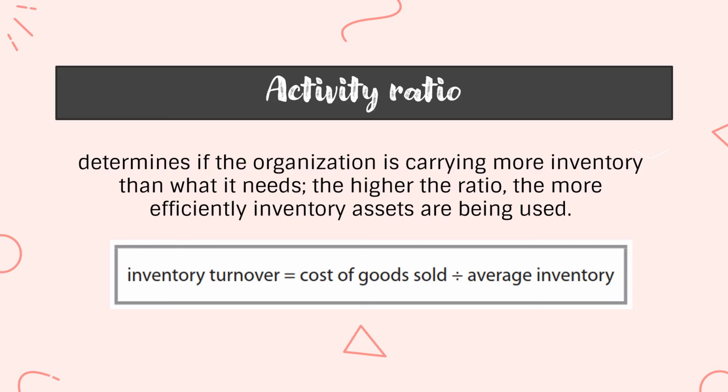So, yung inventory, again, is the number of the goods. Kaya natin sinasabing average, kasi meron kang beginning inventory and then meron kang ending inventory. Yung beginning inventory, yung inventory mo at the starting of the year. Like for example, calendar year ka, so at January 1, yung beginning inventory mo is 10.